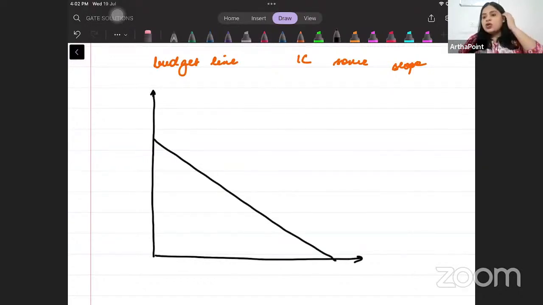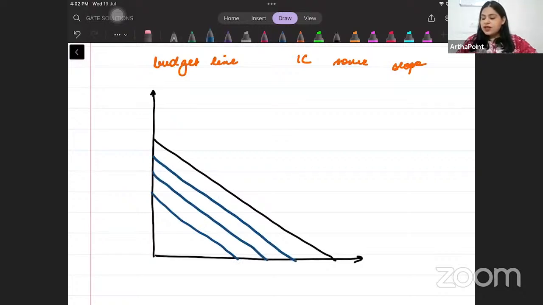Now I will start drawing ICs parallel to the budget line. So beta, first of all, I will draw this IC. This is parallel to the budget line. Please, I am drawing it without a scale, so just think that this is parallel. Then another IC parallel to the budget line, another IC parallel to the budget line, and finally an IC exactly on the budget line.